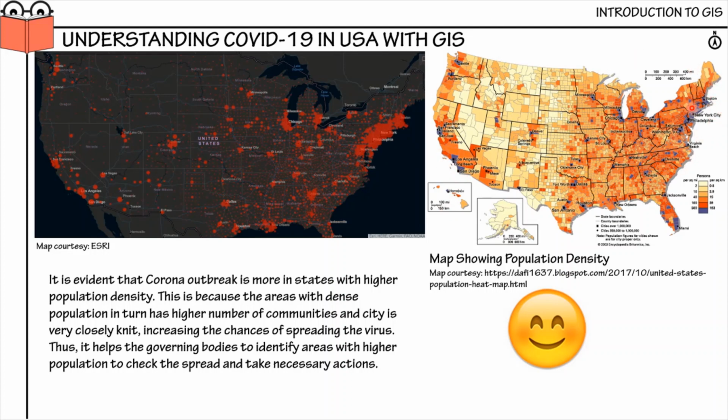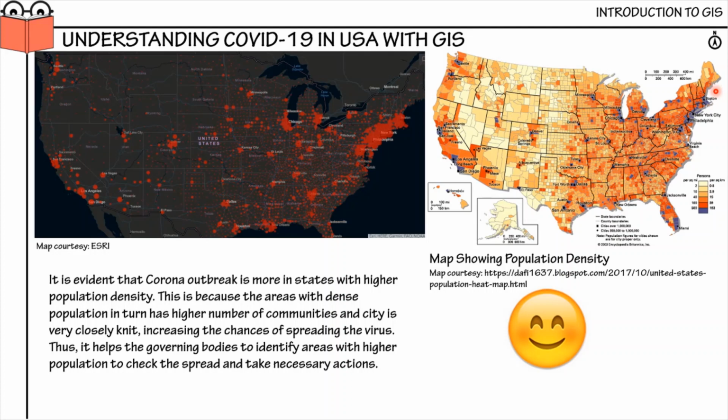I know the population is very high. Is there something I can do to tighten the social distancing norms? If there is a place which does not have a very large population density, even then, if the COVID cases are high, is there something I can do about it? So it becomes very easy for me to make my decisions according to the reasons that I have seen. And it becomes very clearly explained.